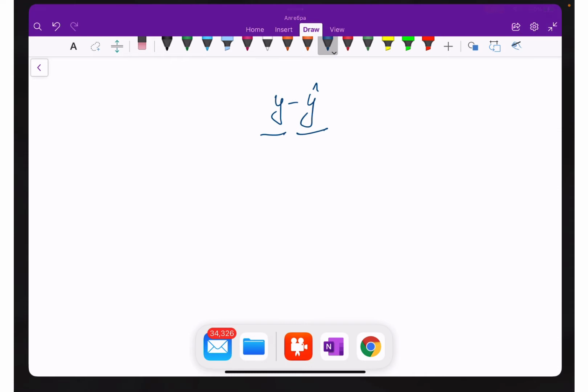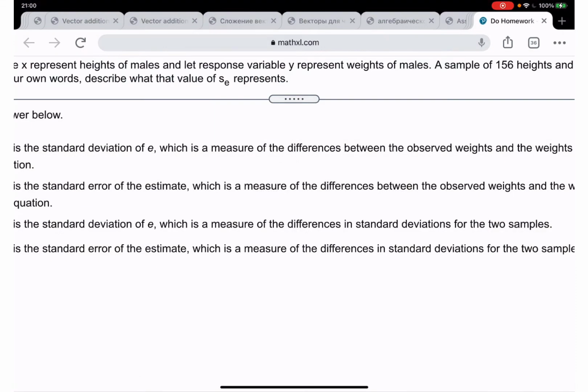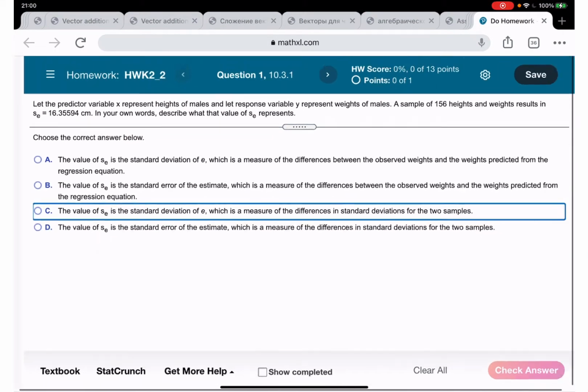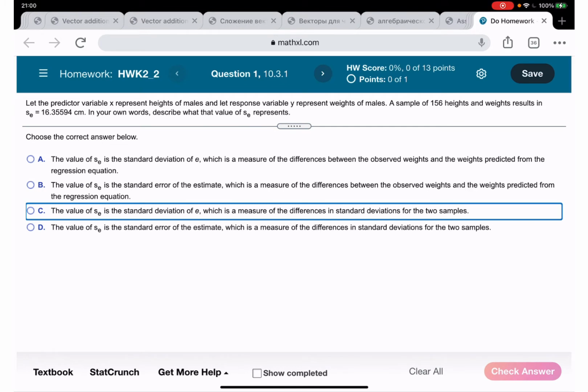So in this case, the standard error of the estimate is measuring the difference between observed weight and the weight predicted by the regression equation.